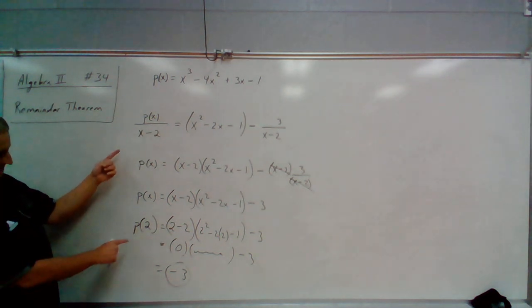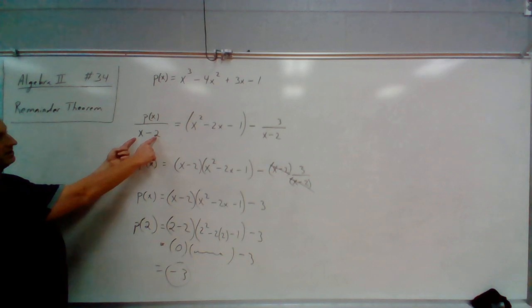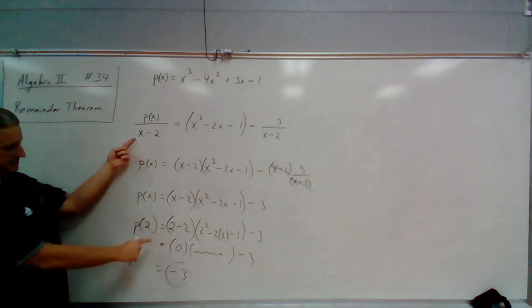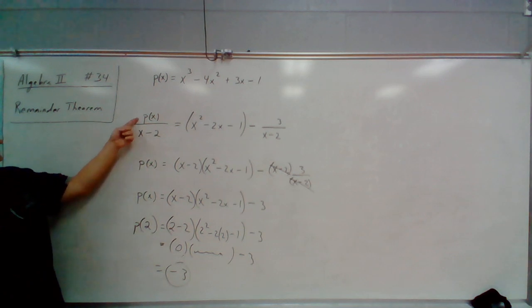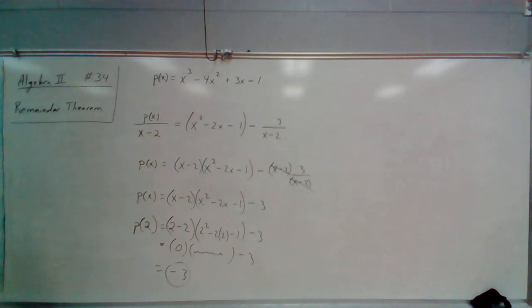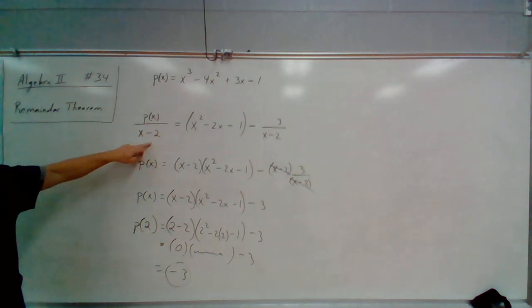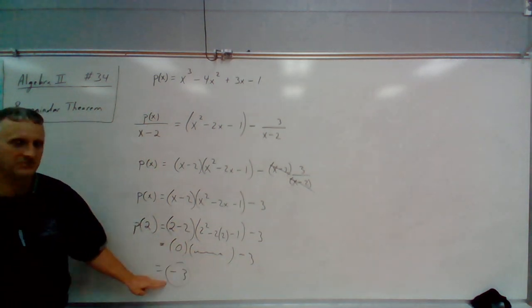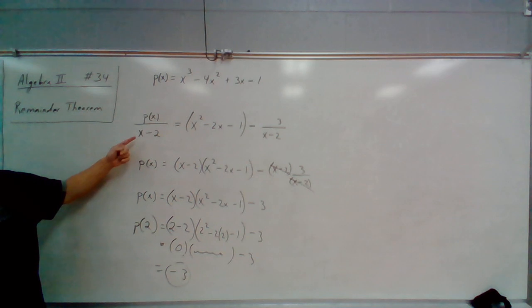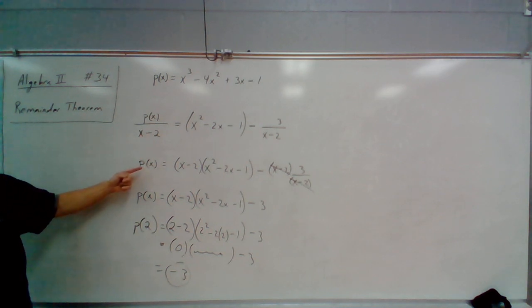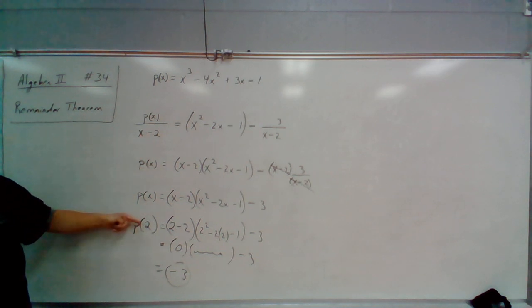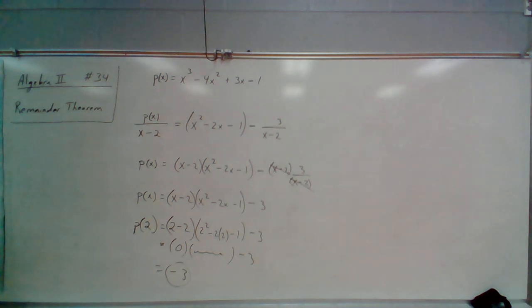So what happens when I plug the opposite of this number in for x is that I get the remainder of dividing these. Okay, so when I did P of x divided by x minus 2, I got a remainder of minus 3. When I plugged the opposite of this number in for x, I got the remainder.